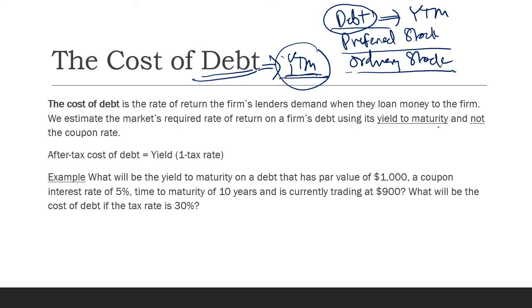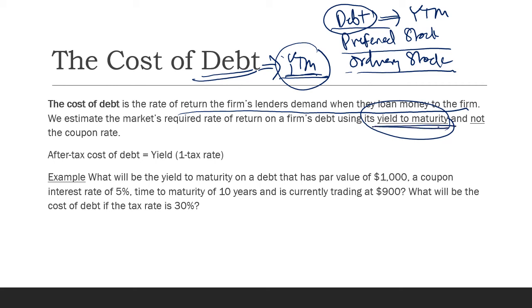So let's look at this. The cost of debt is the rate of return the firm's lenders demand when they loan money to the firm. We estimate the market required rate of return of the firm's debt using its YTM, yield to maturity, and not the coupon rate.